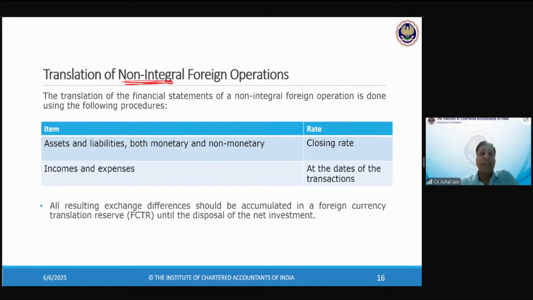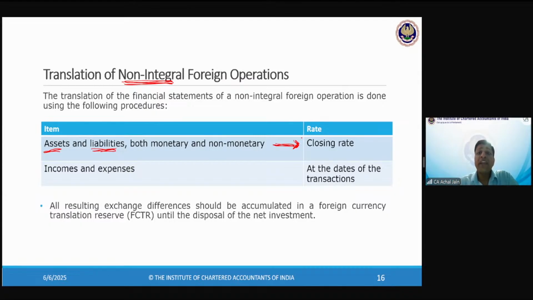When you have a non-integral foreign operation, all of their assets and all of their liabilities, whether they are monetary or non-monetary, and this is important, irrespective of that, you will convert them at the closing rate. All of them will be translated.